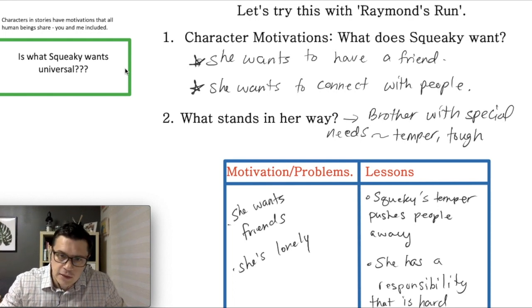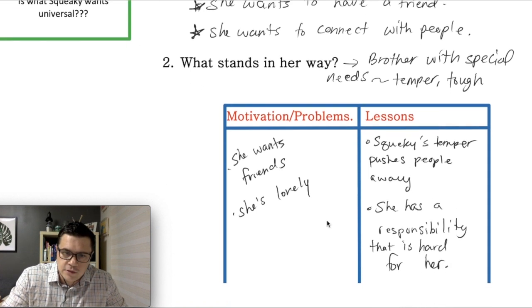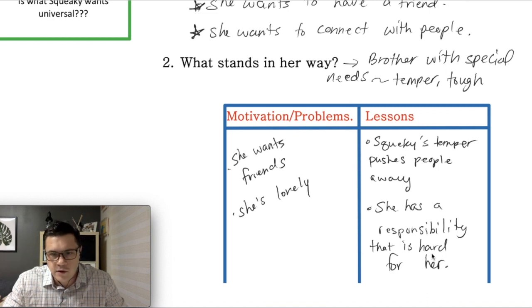So as we continue here in search of a theme, we want to jump out of the book, okay, and not only think about Squeaky and Raymond, but think about people in general. And what this leads me to, because I see here that she wants friends, she's lonely, but she's got this temper and she's got this responsibility that's hard for her to deal with.